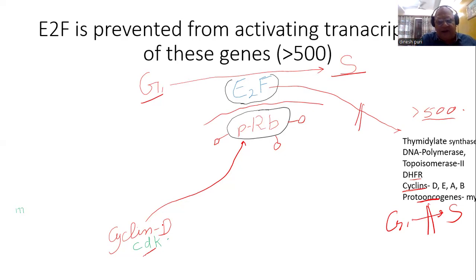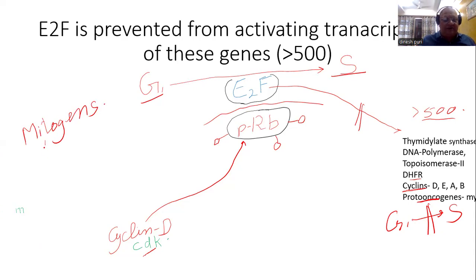Now an important point: the puppet master we said is cyclin D, but the ultimate puppet master, I would say, is the mitogens. Why? Because cyclin D is under control of mitogens, a number of which you know.